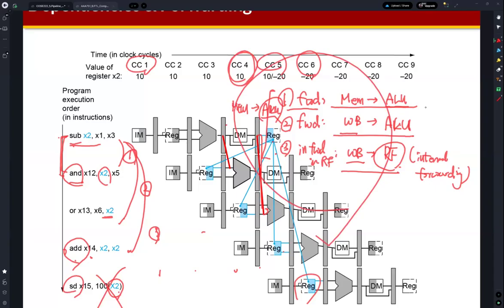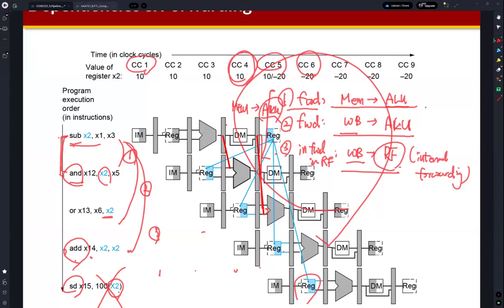Okay, then let's see how to implement. So firstly, we learned the concept. It's just a concept or a scheme, right? So we just figured out how the data forwarding is supported conceptually in a pipelined CPU architecture.